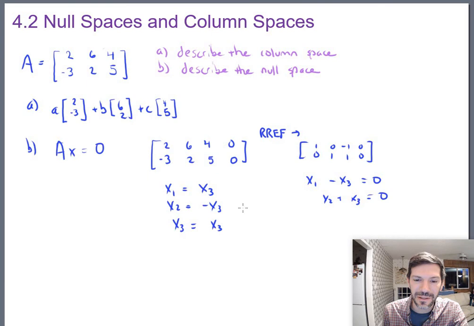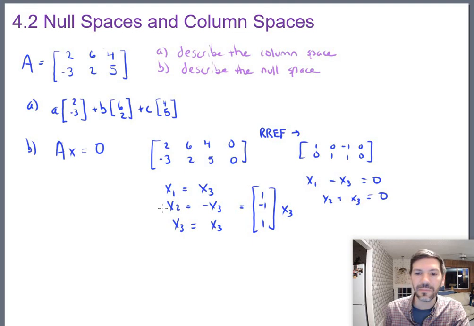So my solution set here, in vector form, looks like (1, -1, 1) times x3. So any multiple of (1, -1, 1) is a member of the null space.